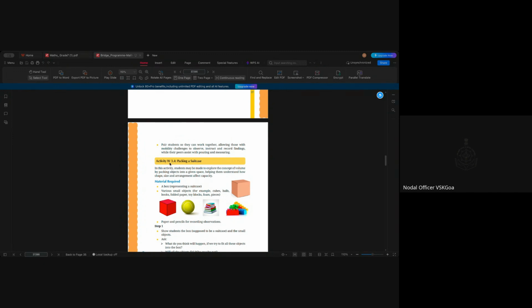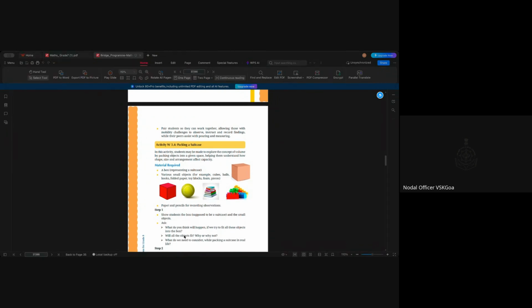Okay, so very simple. Now you can see your activity for week 3, packing a suitcase. Basically, when you go for a journey, if we don't have the visualization of different shapes and sizes, it is difficult for us to pack our suitcase.